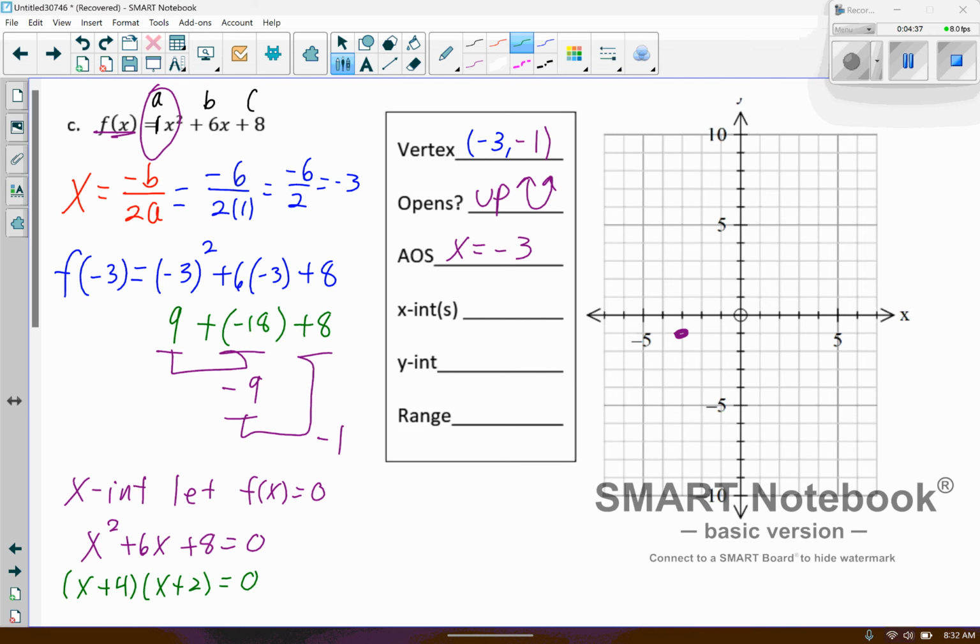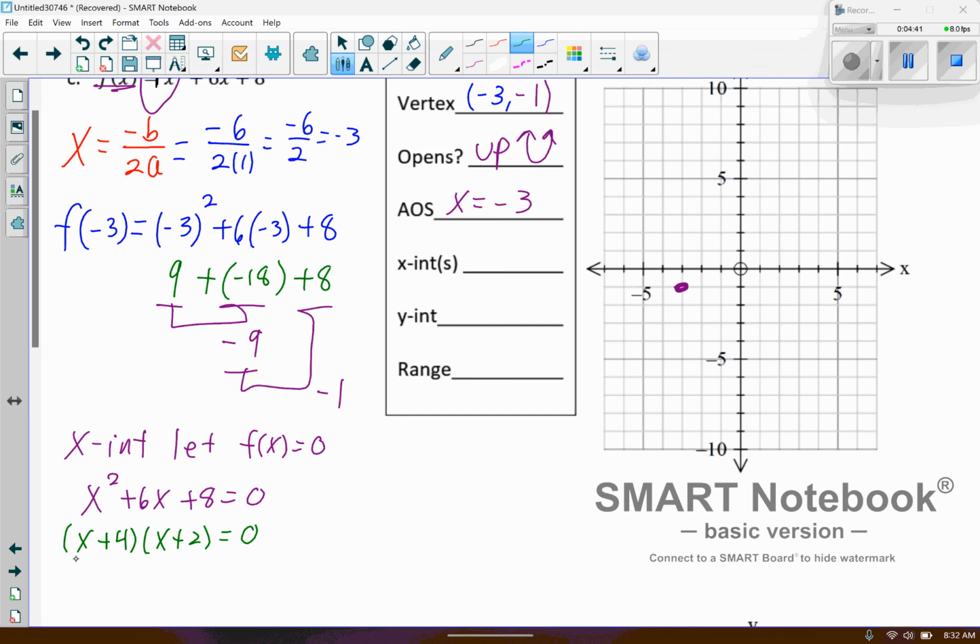And then when I solve this, when I'm trying to figure out what values of x make this equal 0, this one would be a -4. That would cause that to 0 out. And this would be -2, would cause that one to 0 out. So my x-intercepts, I'm going to go ahead and list them as ordered pairs, would be at -4, 0, and at -2, 0. So -4, 0, -2, 0.